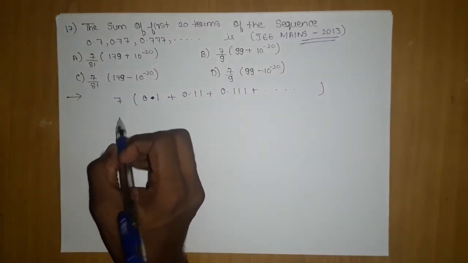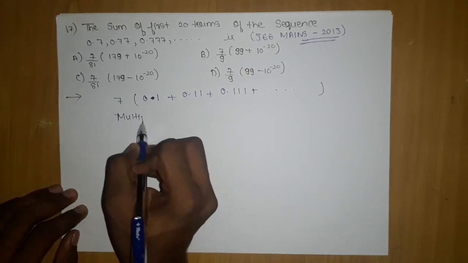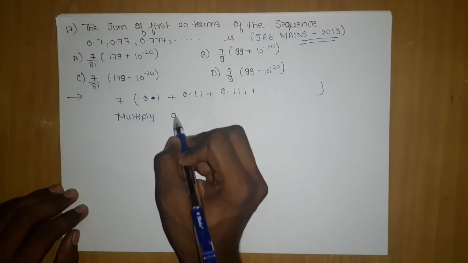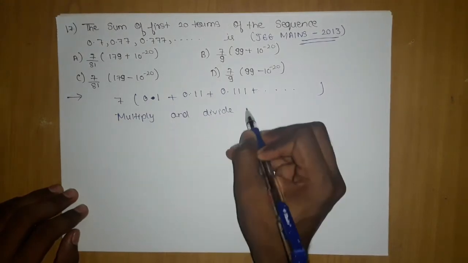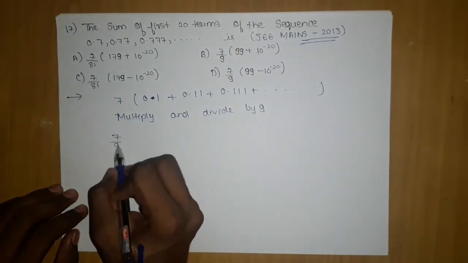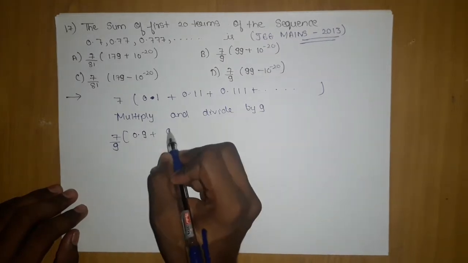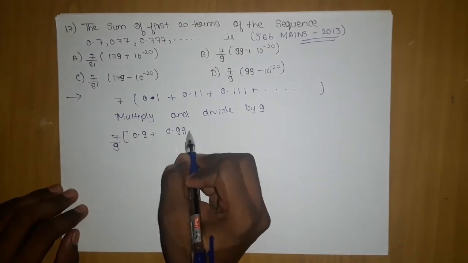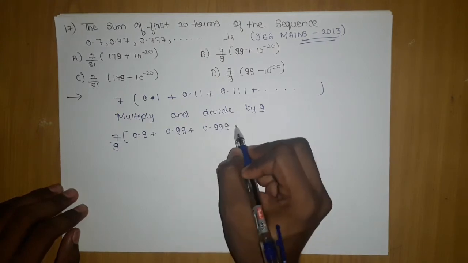It is nothing but 9. So multiply and divide by 9. The moment you do that, you will get 7 by 9 into 0.9 plus 0.99 plus 0.999 and so on.